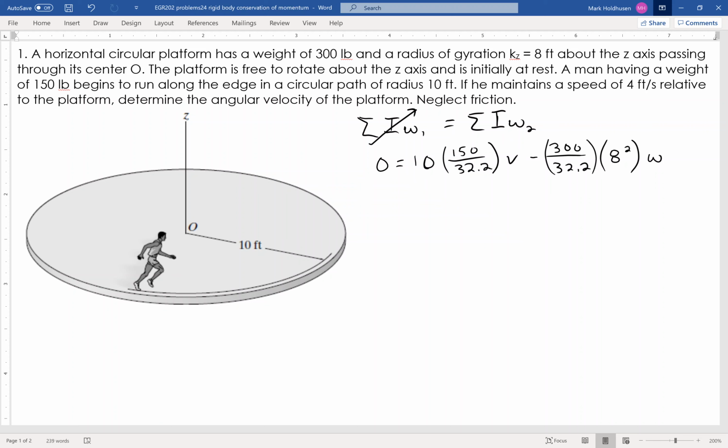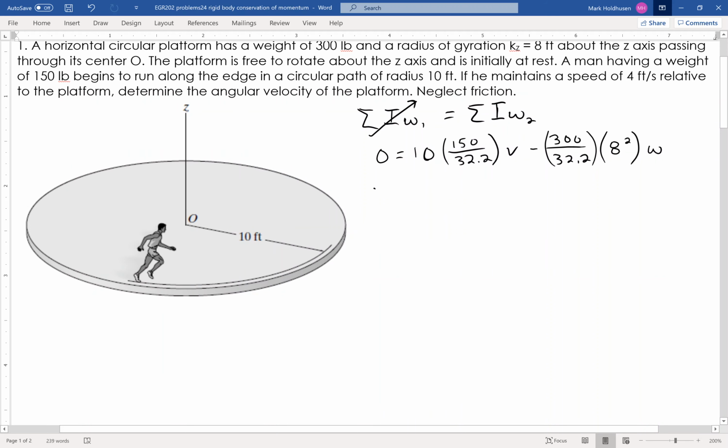So let's now talk about how we can relate these velocities, right? Because essentially the velocity of A, which I'll call the man, so I'll call this A up here too, equals the velocity of B plus the velocity of A relative to B. And again, B is, I'm going to say, the platform right under his feet, right?